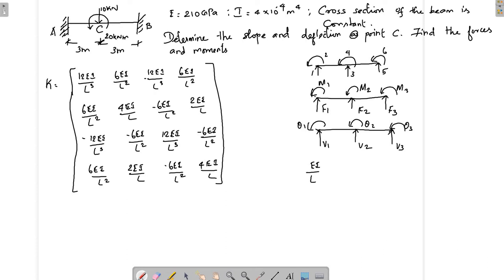The E value is 210 gigapascal, 10 power 9 Pascal, into I value 4 into 10 power minus 4, in meter, and 3 cube. So this will give 3.11 into 10 power 6.